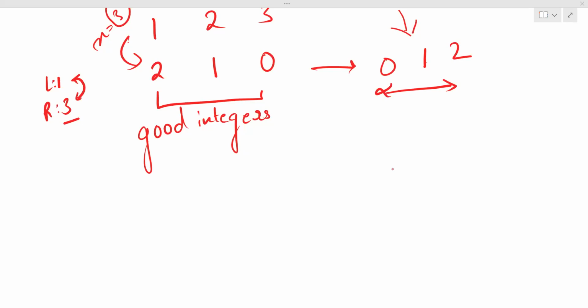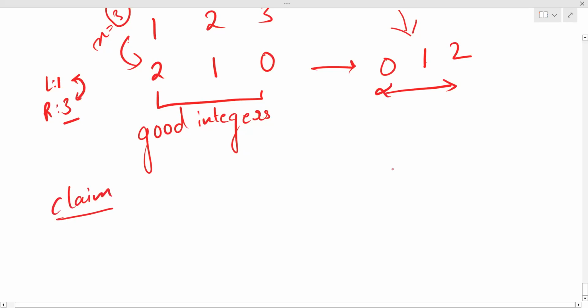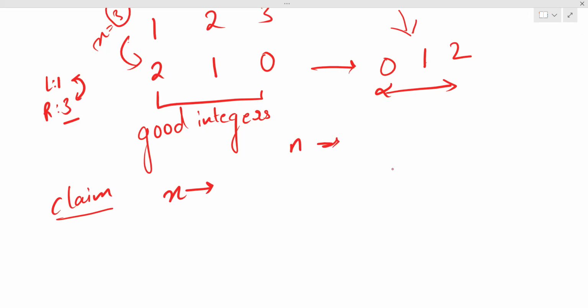So I'm going to first claim something. My claim is, for all the good integers X, let's say n has something like 1, 0, 1, 0, 1 in its binary representation. So this is the most significant bit, right?